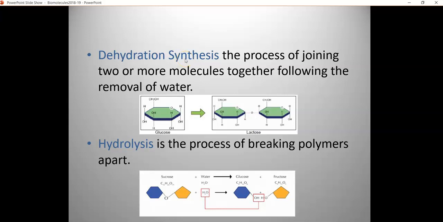So dehydration means removal of water, synthesis, making something. So you're joining two molecules after you've removed water. Hydrolysis is the process of breaking apart polymers. Feel free to examine those pictures there.